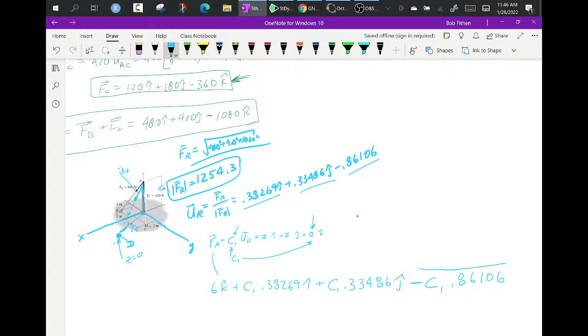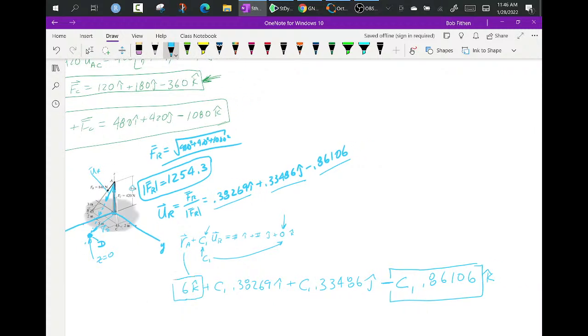So all I have to do is make this offset that K.